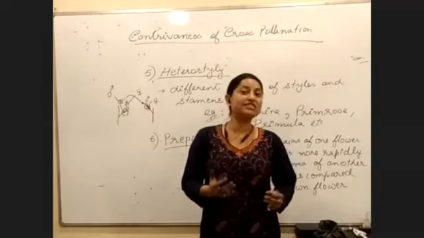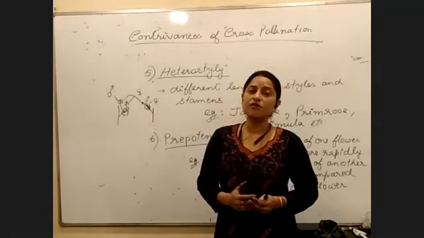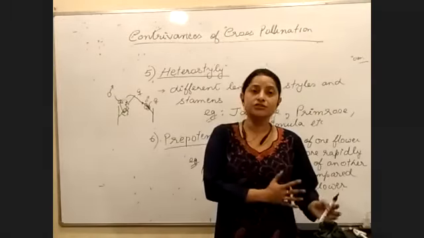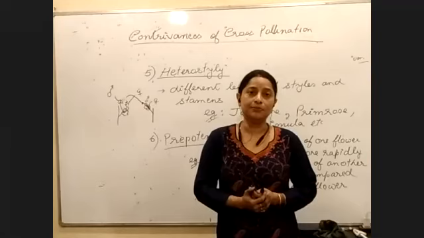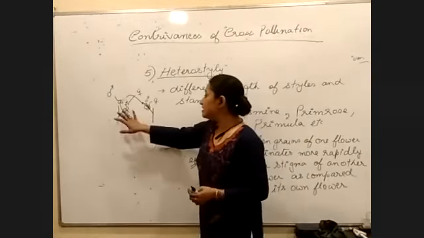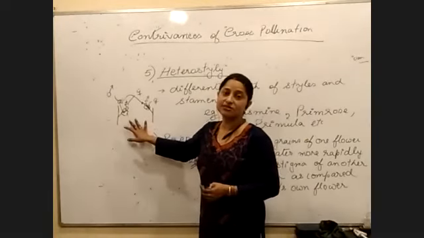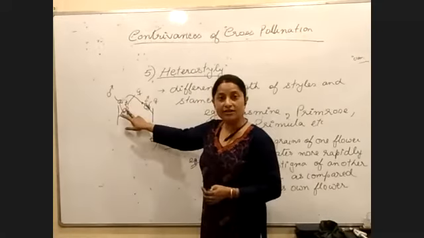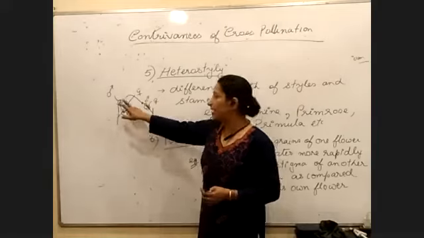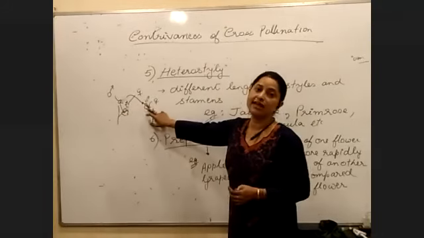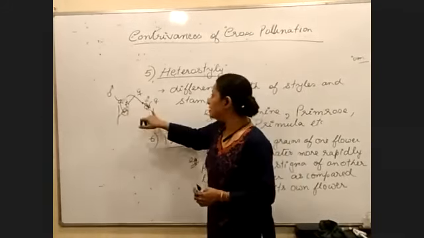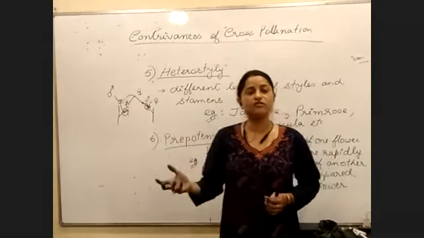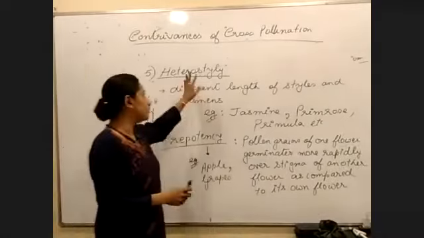What is the main aim of a plant? The main aim of a plant is obviously to produce offspring at a faster rate so that they can increase their number, right? Sometimes the pollen grains take a longer time to fertilize this one, and a shorter time to fertilize that one. So obviously this flower will always be encouraged to fertilize by cross-pollination.